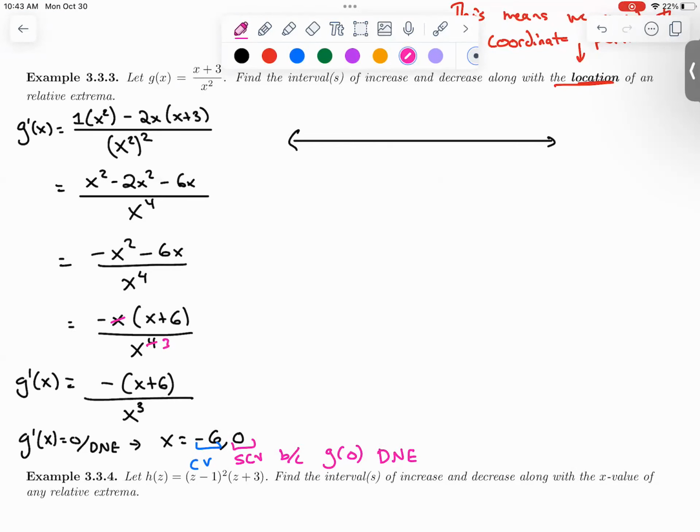You'll see why in just a moment. I deliberately made this problem this way because it's important. So negative 6 is an actual critical value. 0 is not. So let's plot negative 6 and 0. We'll make up our sign chart.